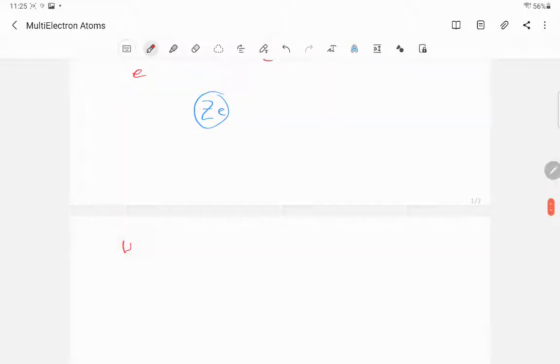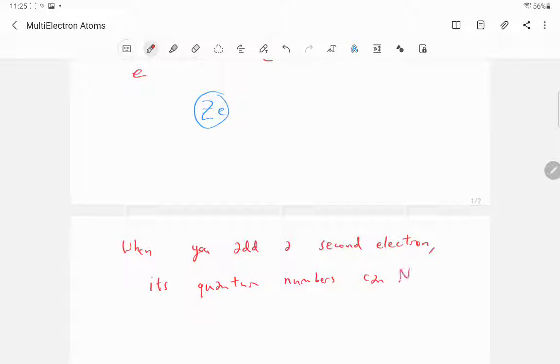So when you add a second electron, its quantum numbers cannot be the same as the other electron.